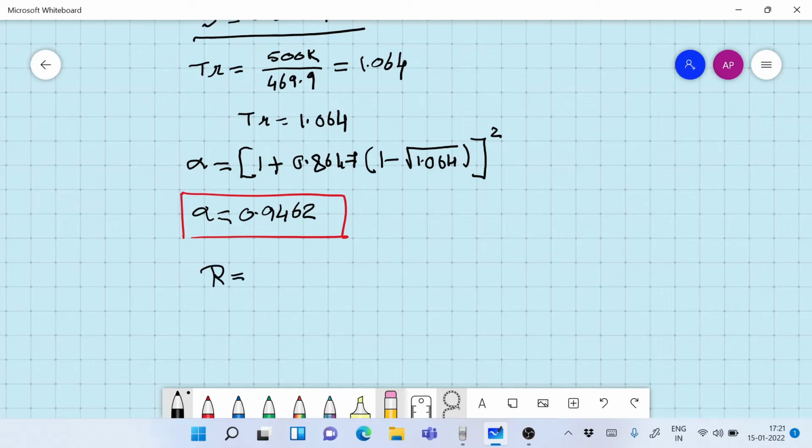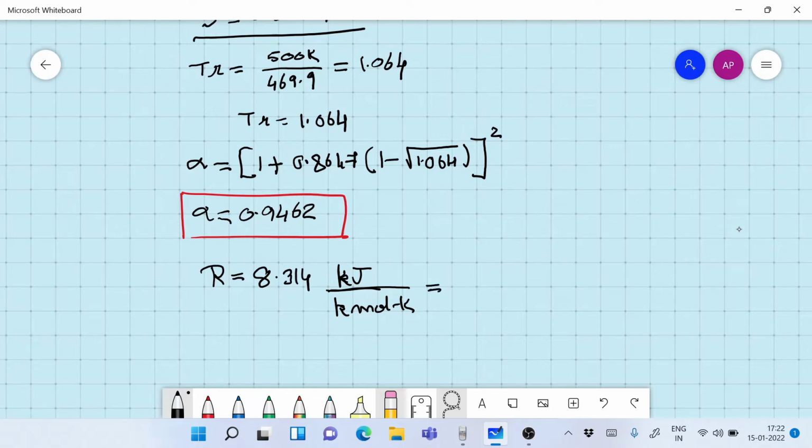When we choose the value of R, we usually choose 8.314 kilojoule per kmol Kelvin. That's right, not 8.614, 8.314 kilojoule per kmol Kelvin.